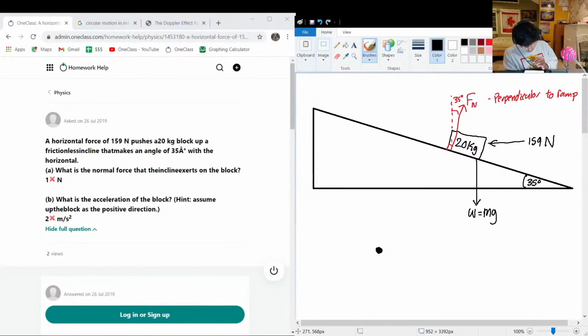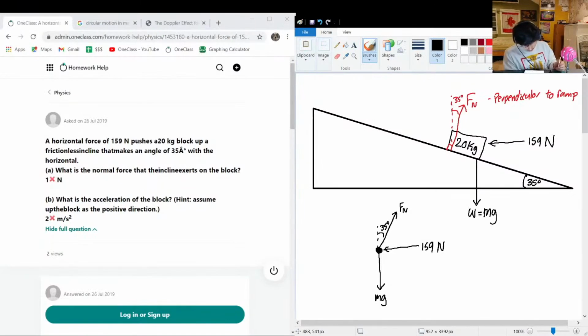Okay, so here we have Fn, 35 degrees towards the right of the perfectly vertical. Here we have mg. And here we have our perfectly horizontal force of 159 newtons.